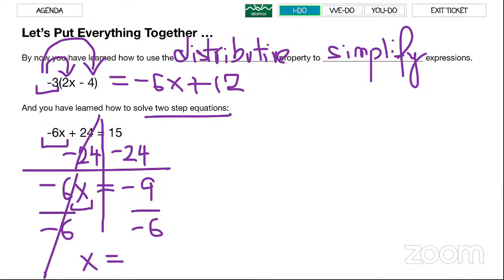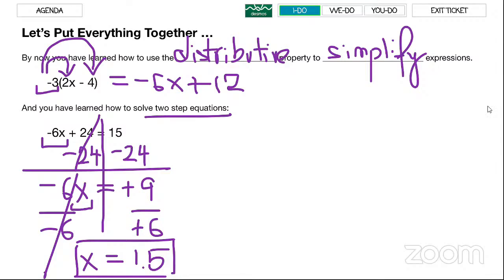In this case, two negatives become positive. We know that when you divide same-sign numbers, it always becomes positive. 9 divided by 6, if you use your calculator, is 1.5, okay? So we already learned how to solve this kind of equation, or two-step equations, by following those 2 steps.